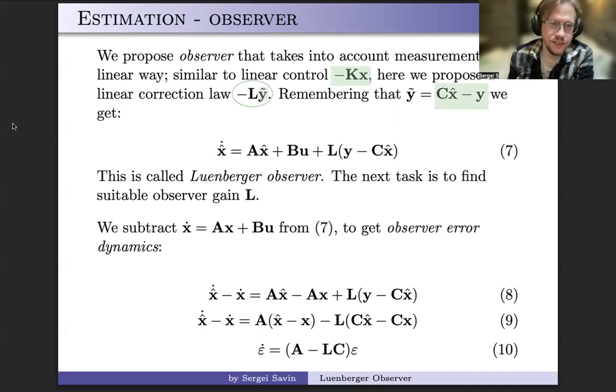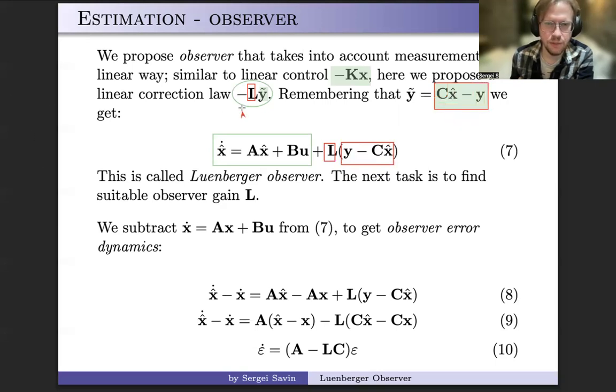So what we have is our LTI from the previous slide, x hat dot equals A x hat plus Bu. And to it, we add this L times y tilde.